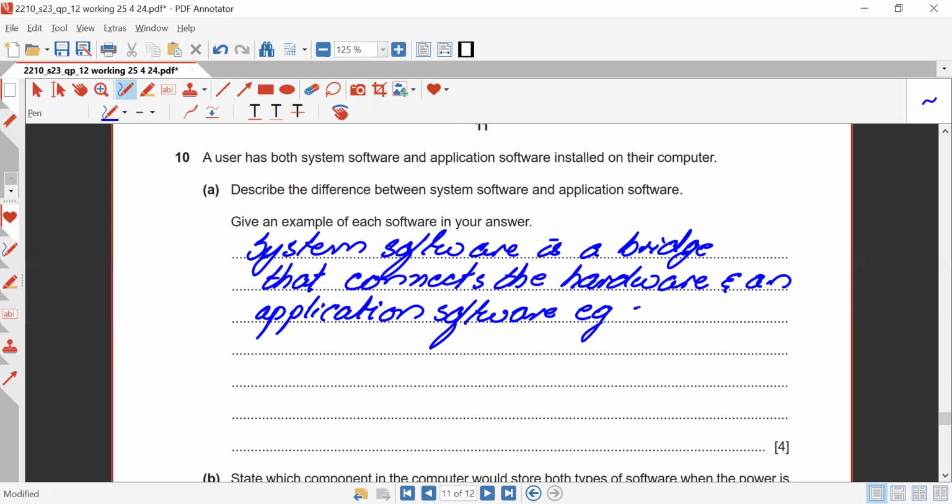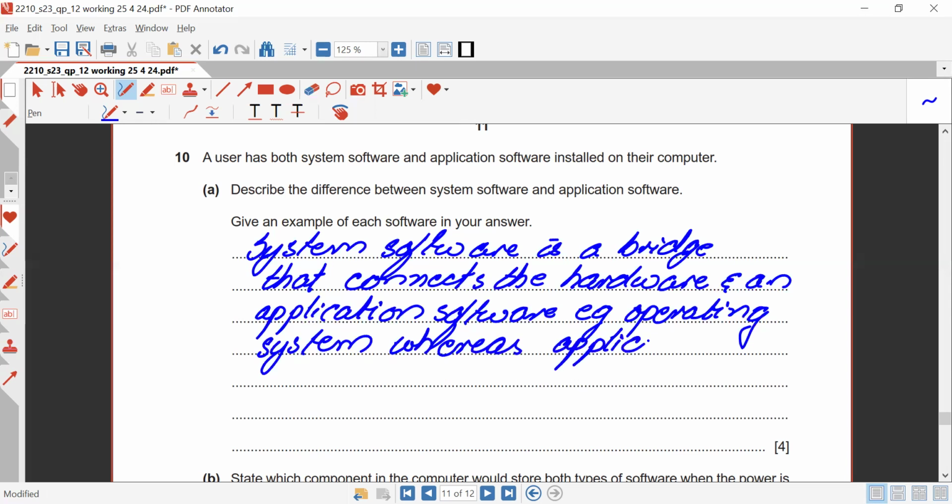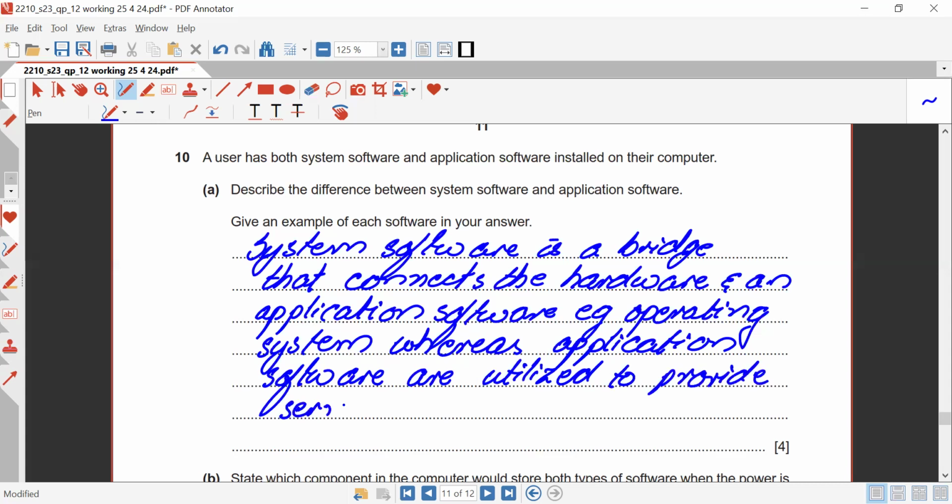So an example, I'm saying, is operating system, whereas application software is utilized to provide services demanded by the user.